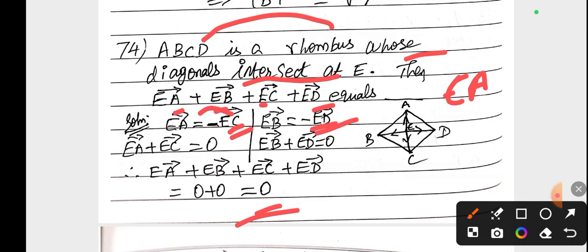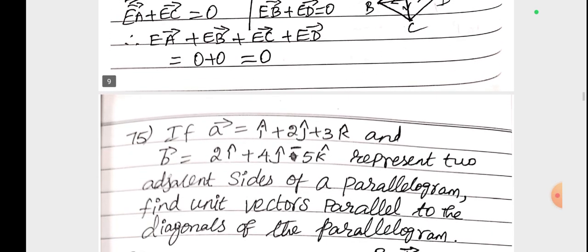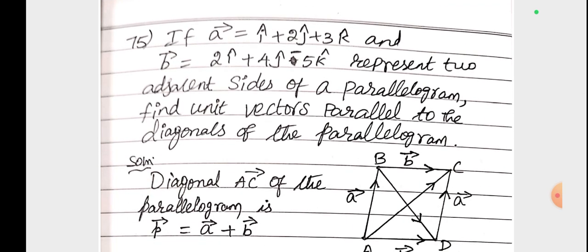This you understood now. Minus EC comes here, plus EC. So EA plus EC is 0, and EB plus ED is 0. So 0 plus 0 is 0. Simple, regarding the direction, children. According to the direction, the sum for the rhombus will become 0.